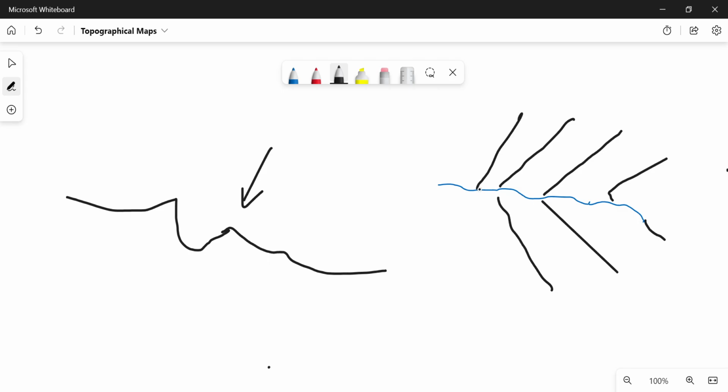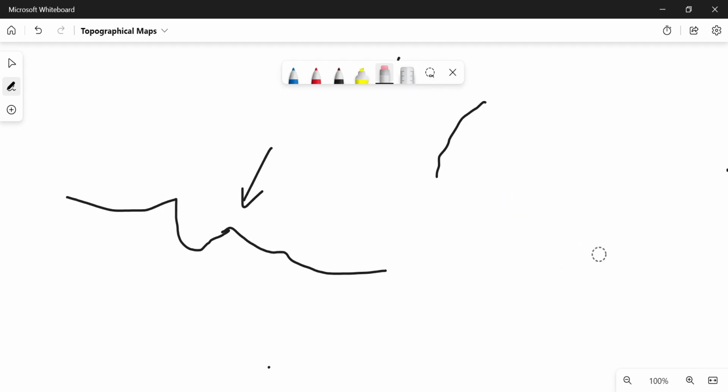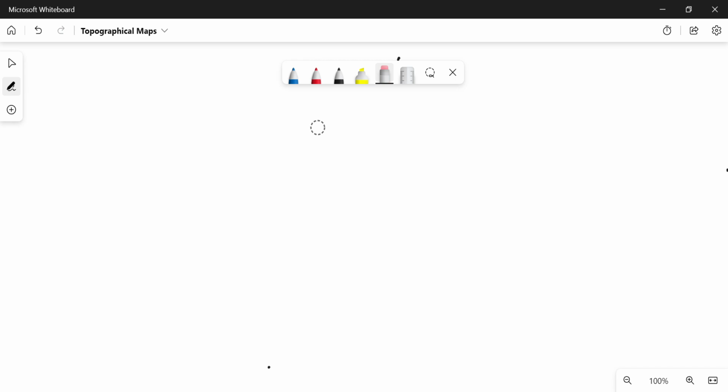Like this. So this is somewhat a waterfall. Okay, in a contour map, this is how they show a waterfall.